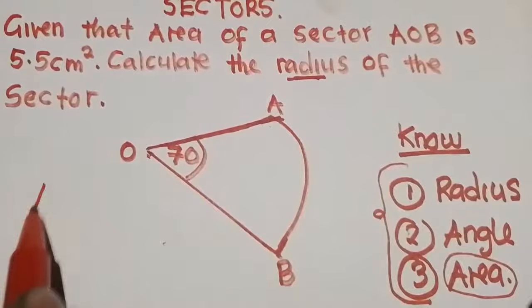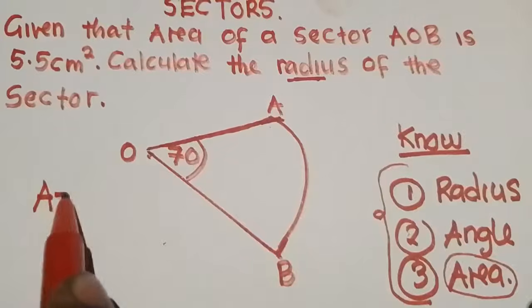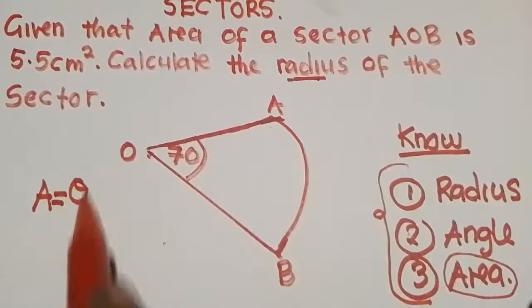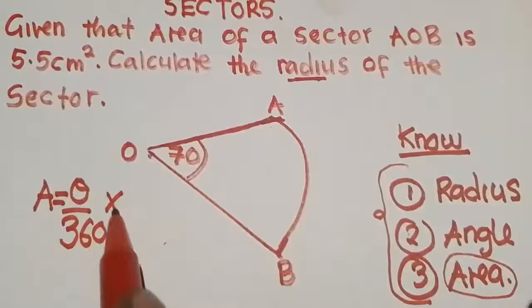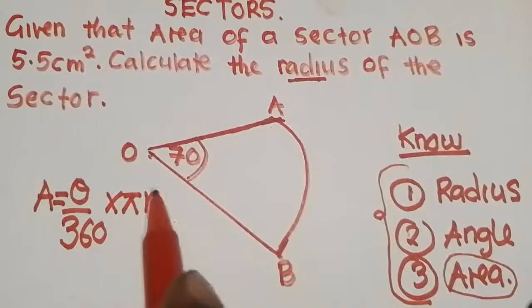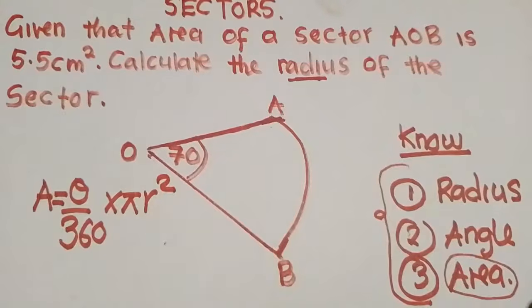The area of a sector is given by this formula: theta over 360 times pi r squared. This is the formula you need to know when you want to find the area of a sector.